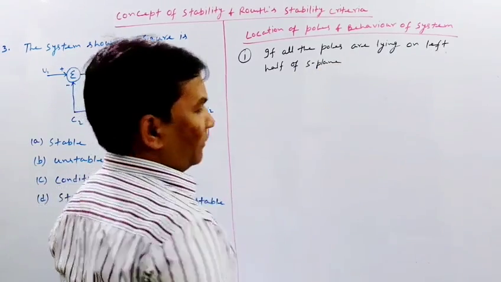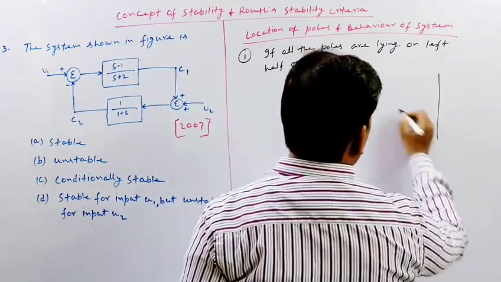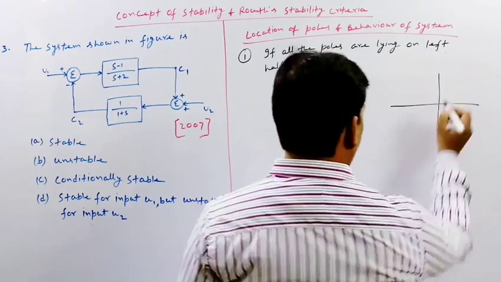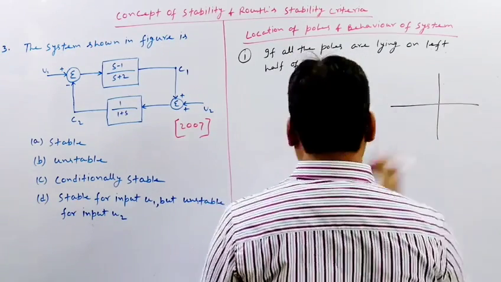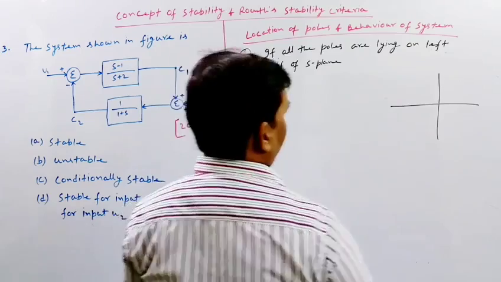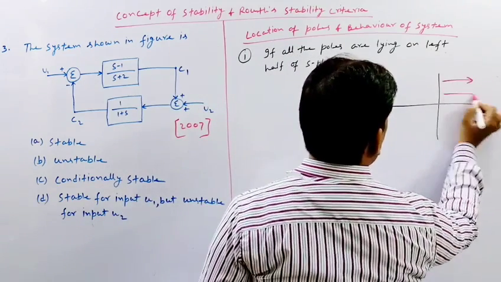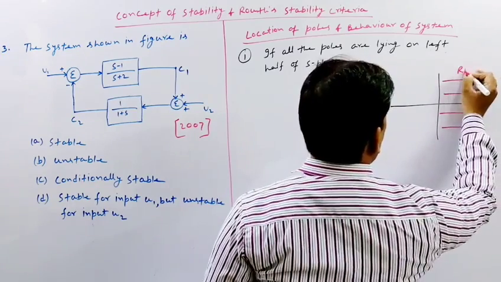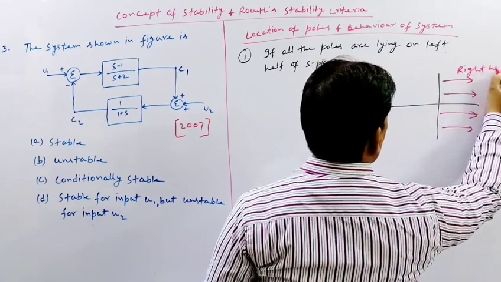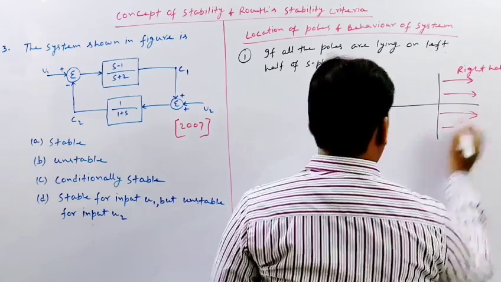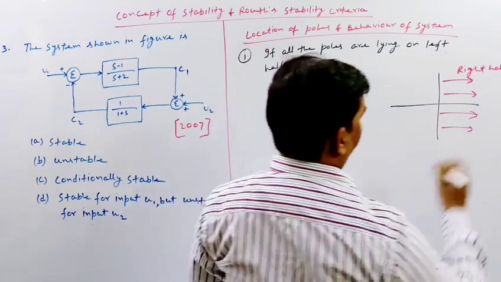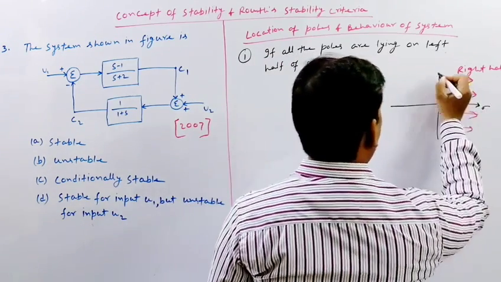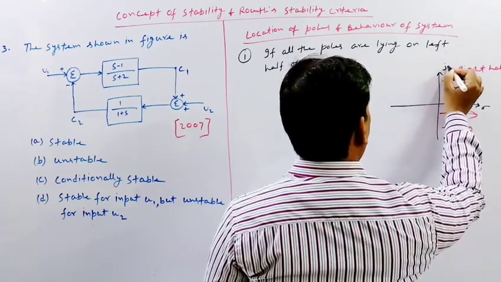What do you mean by left half? Suppose this is sigma and this is j omega.